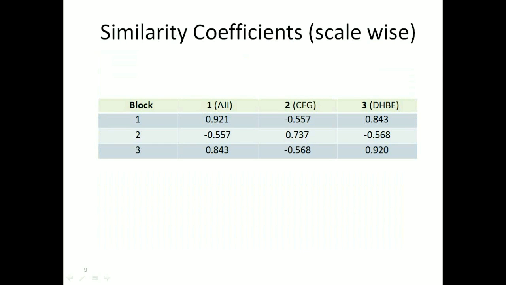And here it is schematized in a different way. These are the scale-wise similarity coefficients, which effectively show us both internal consistency, which is on the main diagonal, and external consistency, which is off the main diagonal.